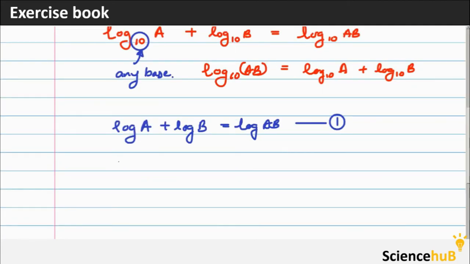As before, I can prove that log A minus log B is equal to log A divided by B. This is the second property. I will derive the third property from the two properties derived earlier.